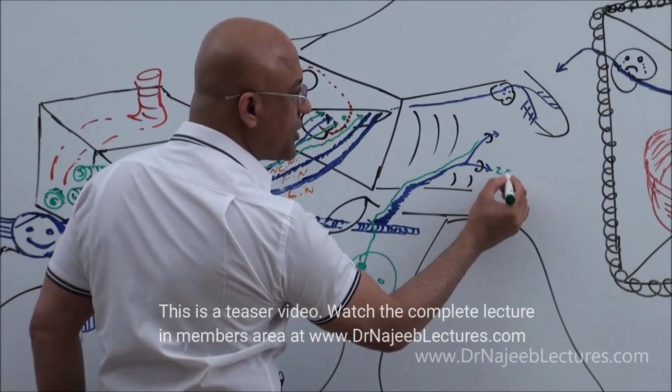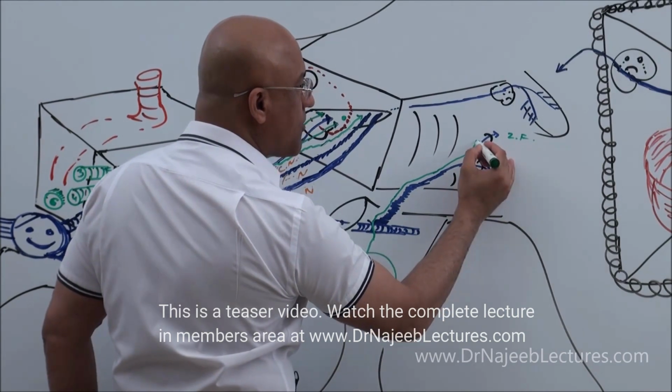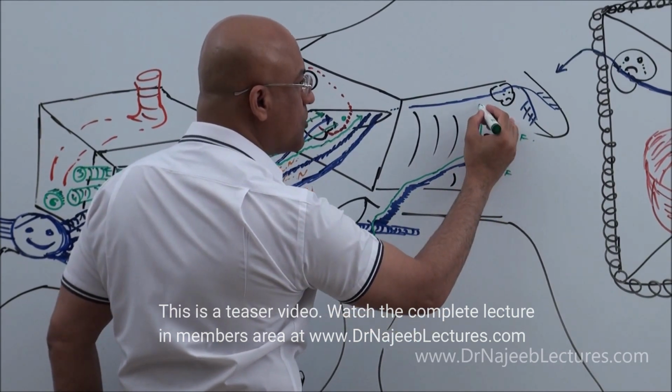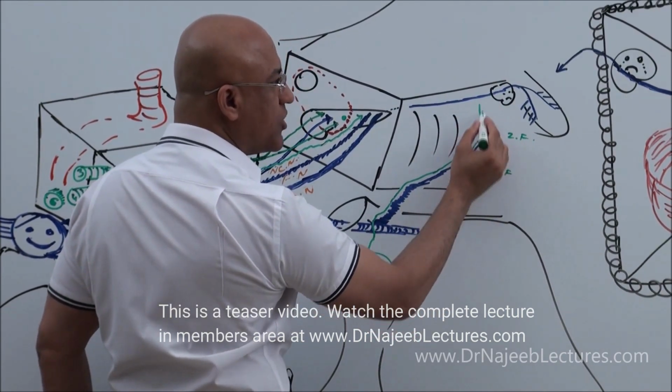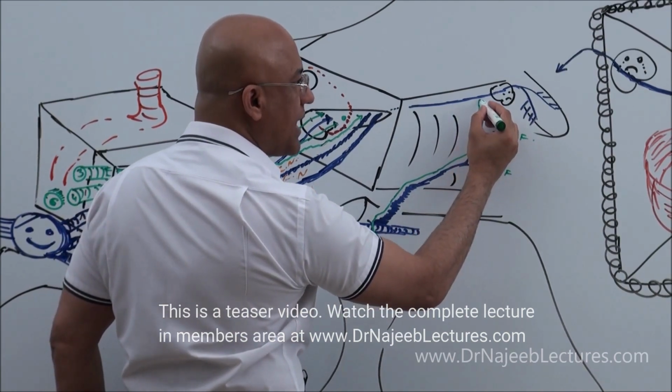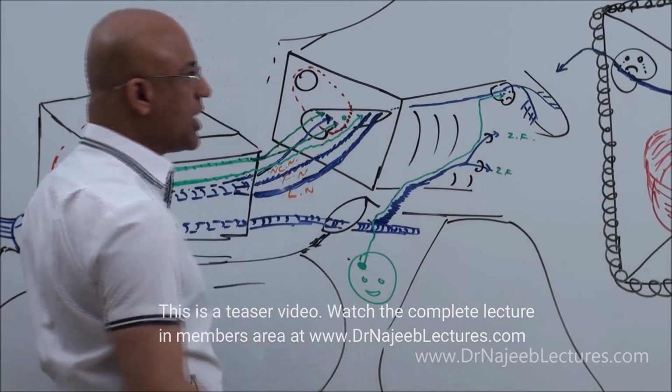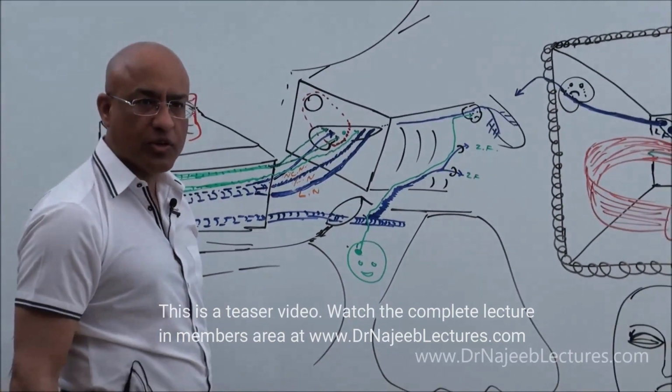This is zygomatico-facial and this is zygomatico-temporal. From here, as a communicating branch to the lacrimal nerve, the parasympathetic fibers reach the lacrimal gland, the secretomotor fibers.